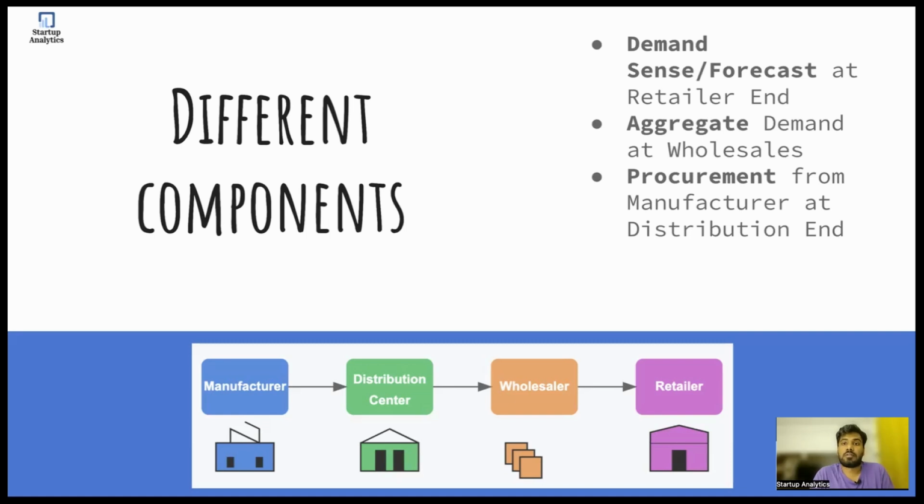Similarly, the distribution center at that geographical level is also able to aggregate the demand of different wholesalers in that state or city. And then finally, at the manufacturer's level, they need to correctly plan, or at least be aware of how many goods they might be able to sell or need to plan for.